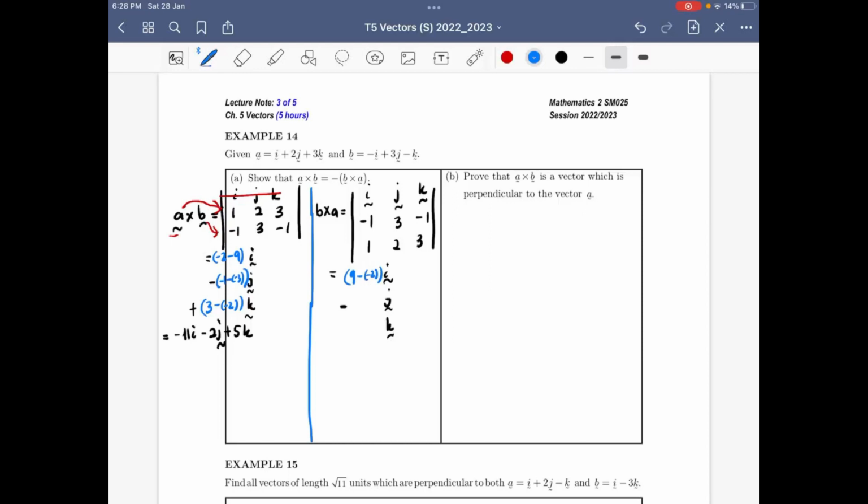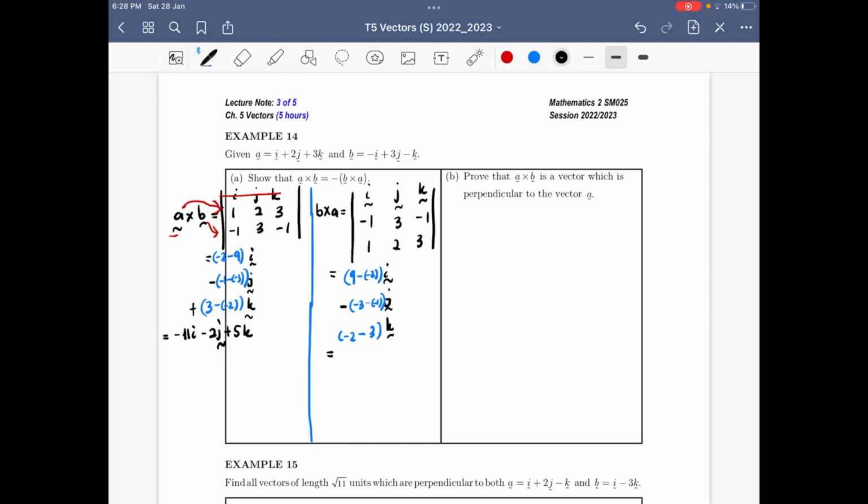And then for the j part, if you close the j part, we get -3 minus -1. And then if you close the k part, you get -2 minus 3. Okay, -2 minus 3. So we put everything in one line.